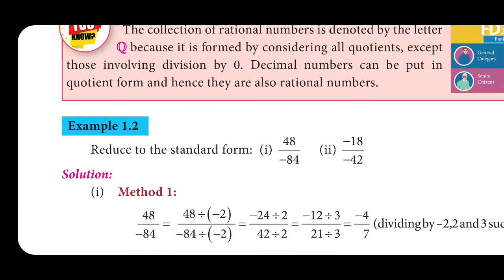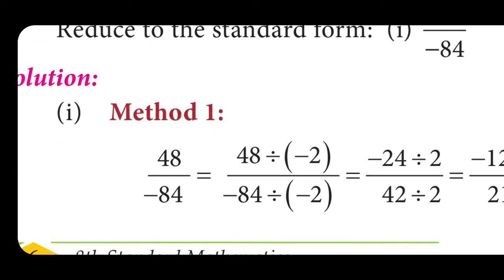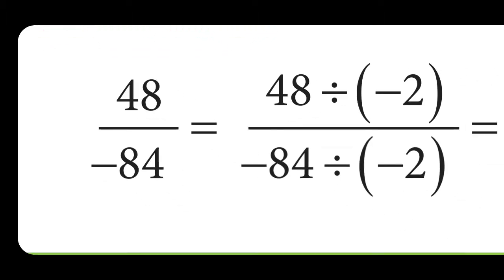Okay, let's see the sums, reduce to the standard form. First question, 48 by minus 84. Obviously 48 and 84 are even numbers, so they have a common factor 2. And I already told you in the standard form, the numerator may be positive or negative, no problem, but the denominator must be positive.